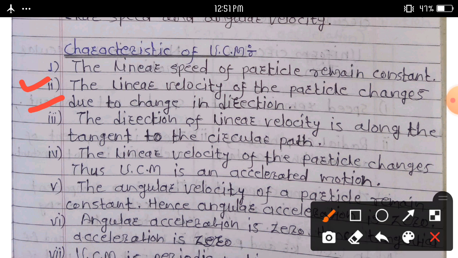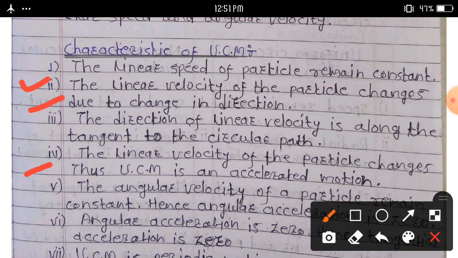When direction changes, the linear velocity of the particle also changes. Third characteristic: the direction of the linear velocity is along the tangent to the circular path.